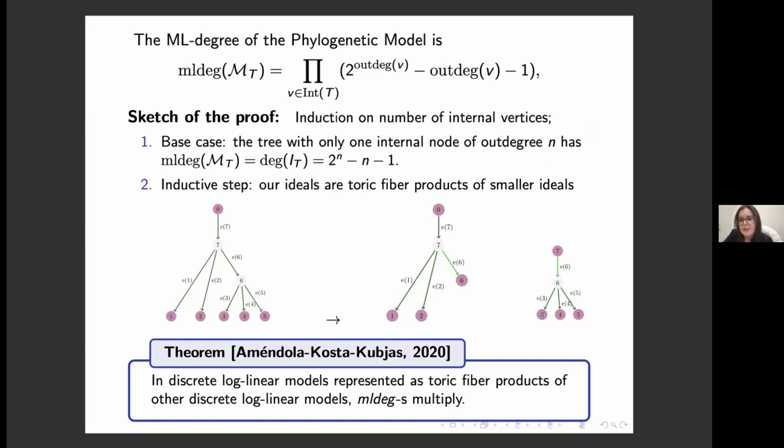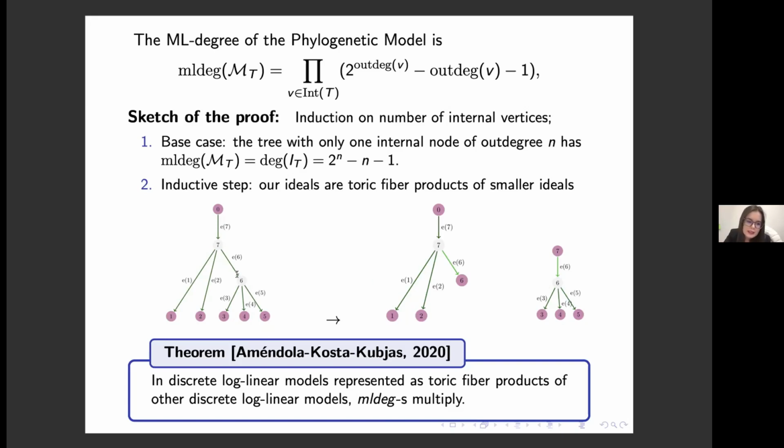For the inductive step, we used the toric fiber products, which were introduced first by Sullivant. And so we showed that one can decompose our ideal as a toric fiber product of ideals of 2 smaller trees. For instance, in this case, the first tree here can be decomposed into the other 2 trees, and these 2 trees are formed in the following way.